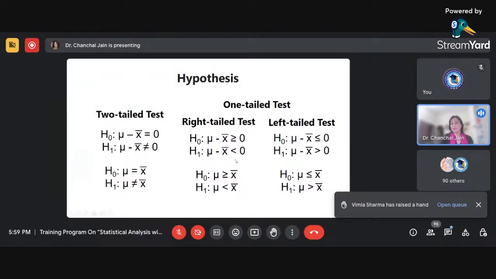When I'm saying population mean is equal to sample mean, or I'm saying population mean is not equal to sample mean, it is one and the same thing. Here you have transposed this particular X bar to this side, so that way it becomes this. There is no other difference. It is only the way of representation. Meaning is same. Is it clear?